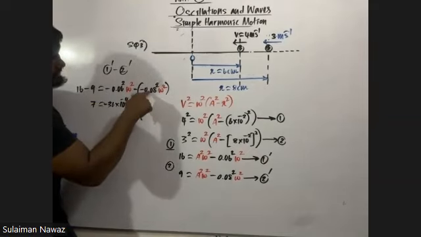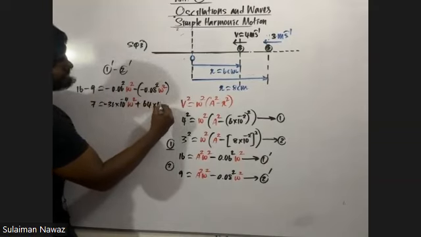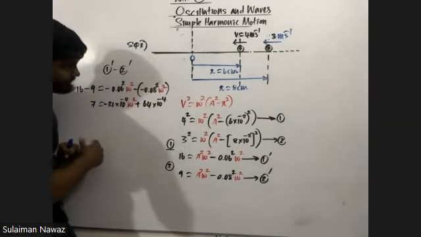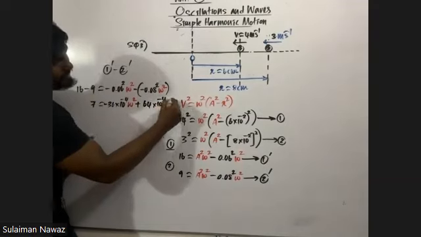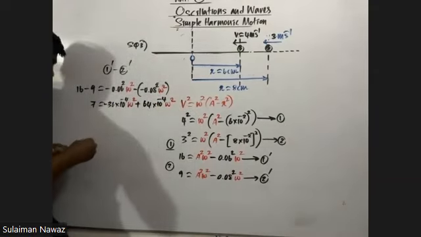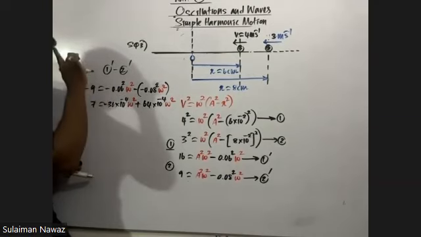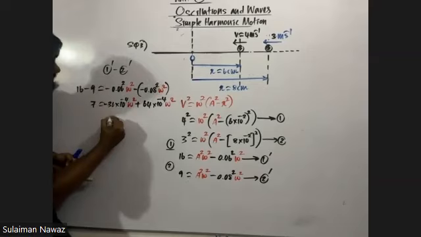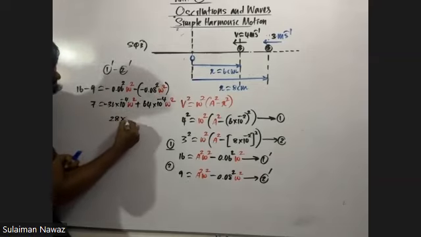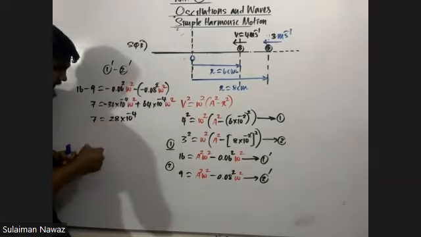Plus 0.08 squared means how much? 64 minus 4 omega squared. Then I can add these two. 64 plus 36, 100. Am I correct? No, my bad. 64 minus 36. How much? 40, 50, 60, 28 minus 4 omega squared.